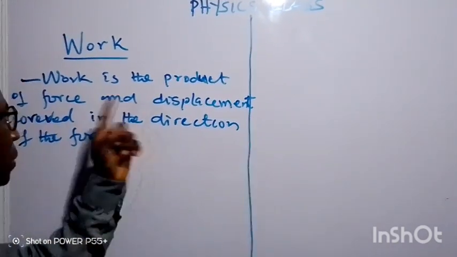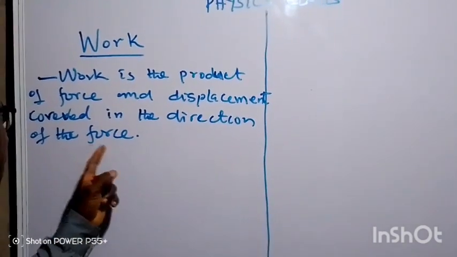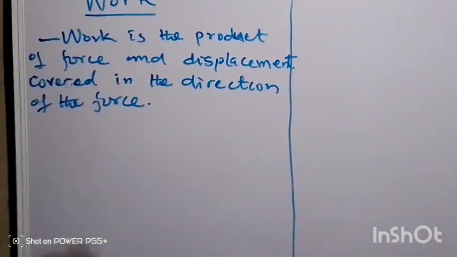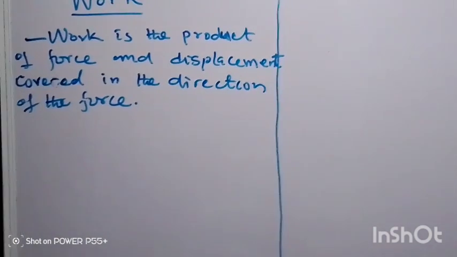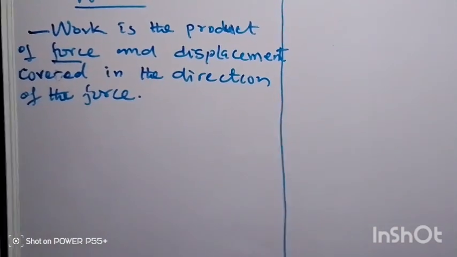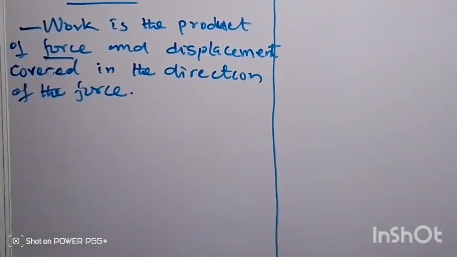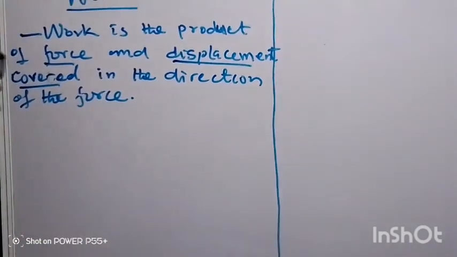The product of force and the displacement covered in the direction of the force. That is, for work to be done, there are two quantities to be considered. One, the force that applies to that object, and the displacement covered in the direction of the force.